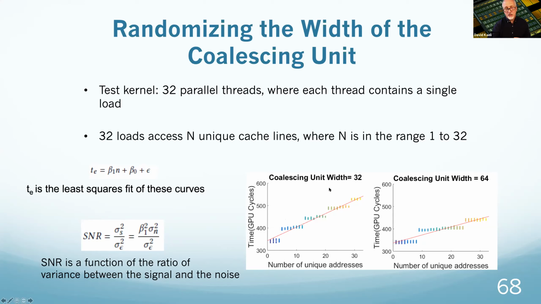That will determine the amount of time that they take. So here, if we change the width of the coalescing unit, we can see that we get different timings. A narrower width of 32 gives us a little over 500 GPU cycles, whereas with a wider coalescing unit we can reduce the number of unique references that are made and reduce the number of total cycles.